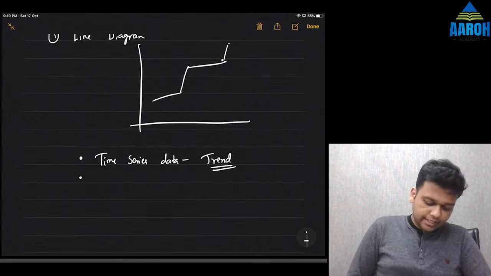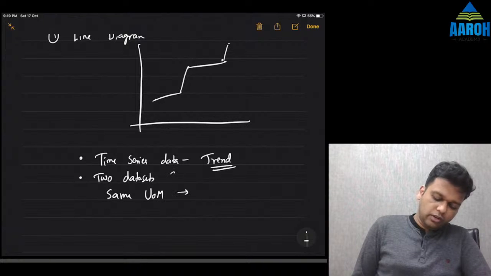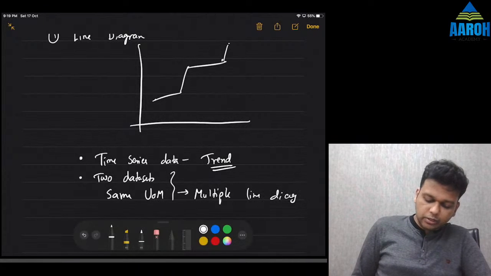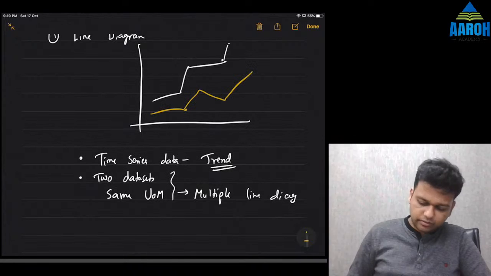If we have two data sets with same unit of measurement, then we use something called as multiple line diagram. For example, if we are plotting sales also and profit also, then we'll plot them in different colors, multiple lines.